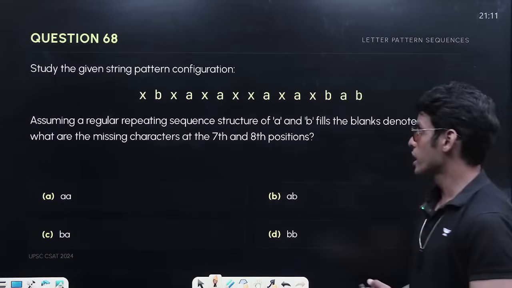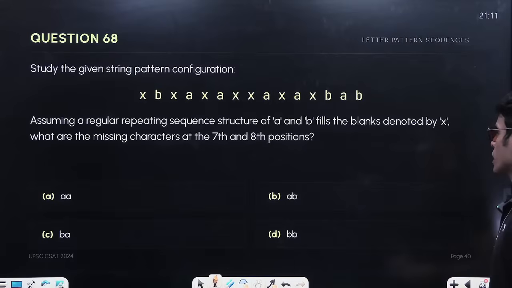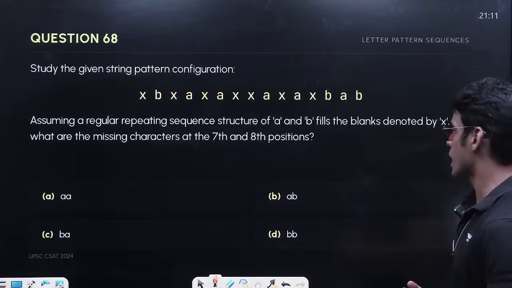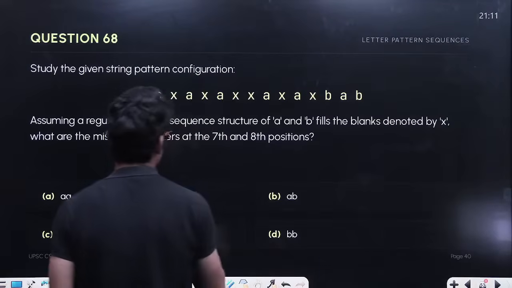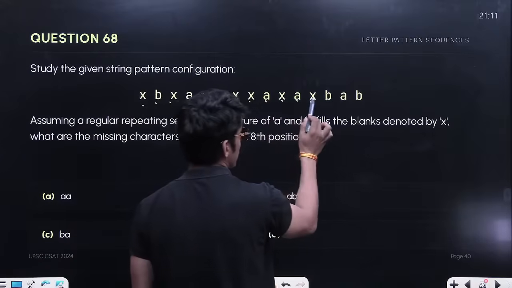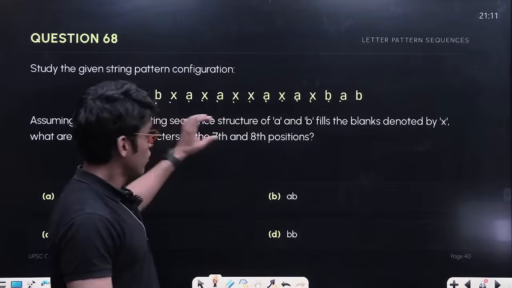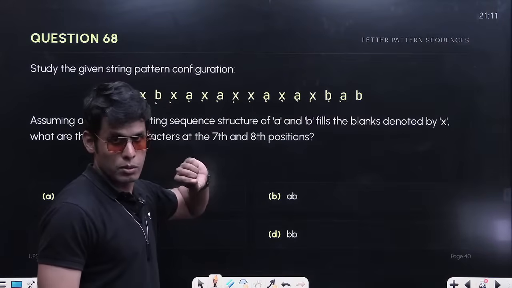Now, study the given string pattern configuration, assuming a regular repeating sequence structure of A and B fills the blank denoted by X. What are the missing characters at 7th and 8th positions? Now, let's count. 1, 2, 3, 4, 5, 6, 7, 8, 9, 10, 11, 12, 13, 14, 15. So in total, 15 is the string length.